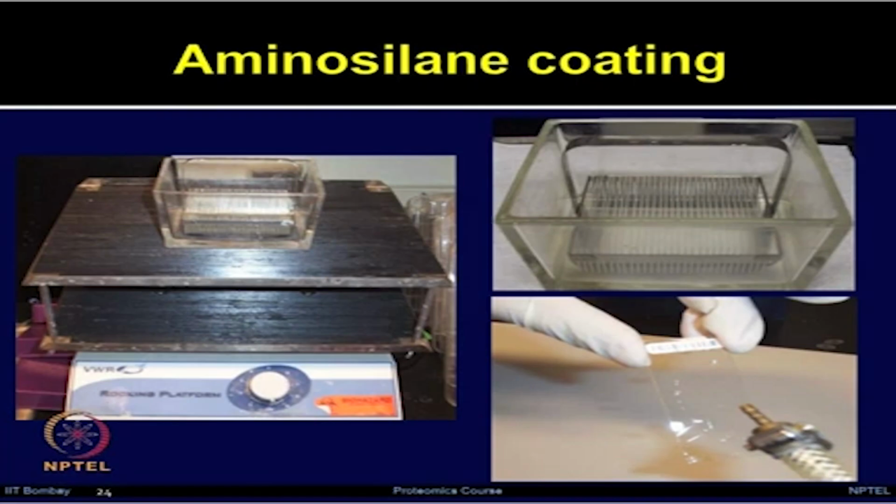On the right side, in the inset, you can see those 30 slides are placed in the metal rack, which is submerged in the aminosilane solution. On the bottom panel of the right side, I have shown that these slides can be either centrifuged or dried with compressed air, and then those are ready for further printing purpose.